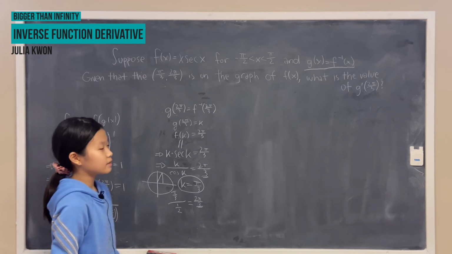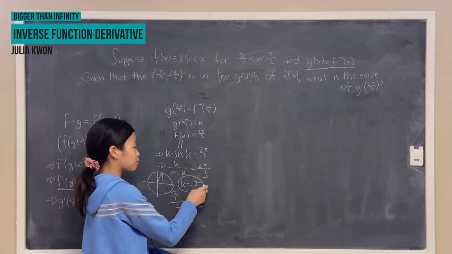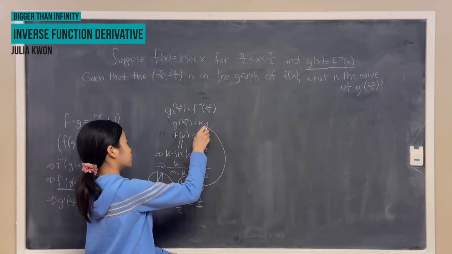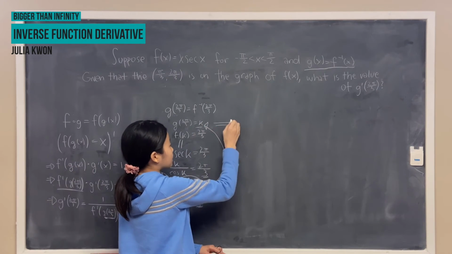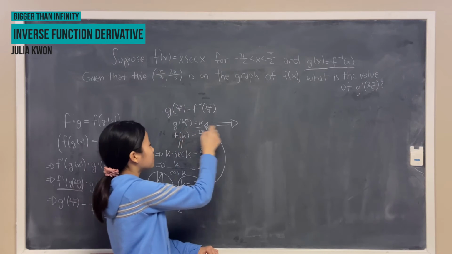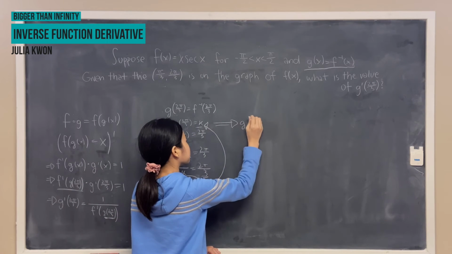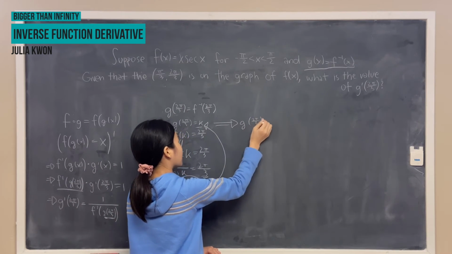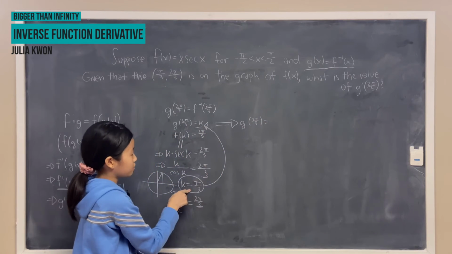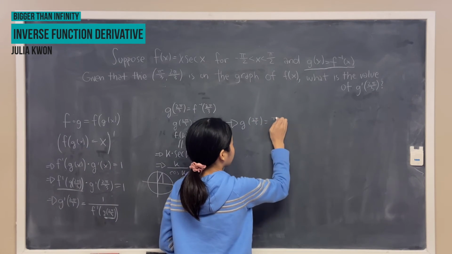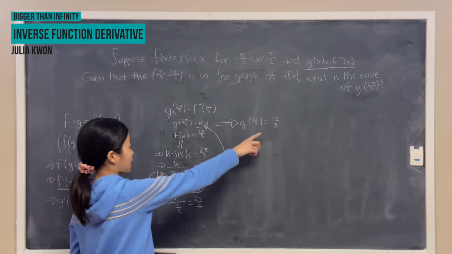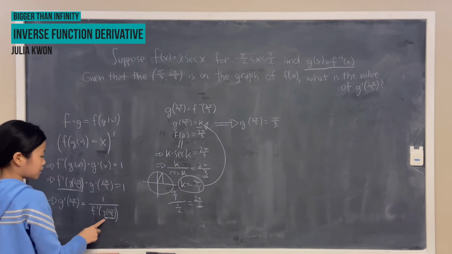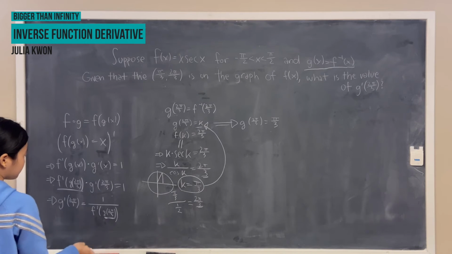So now we can take the value of k and put it into this equation here. So we would get g of 2 pi over 3 as equal to pi over 3. So then we can just replace g of 2 pi over 3 with pi over 3 here.